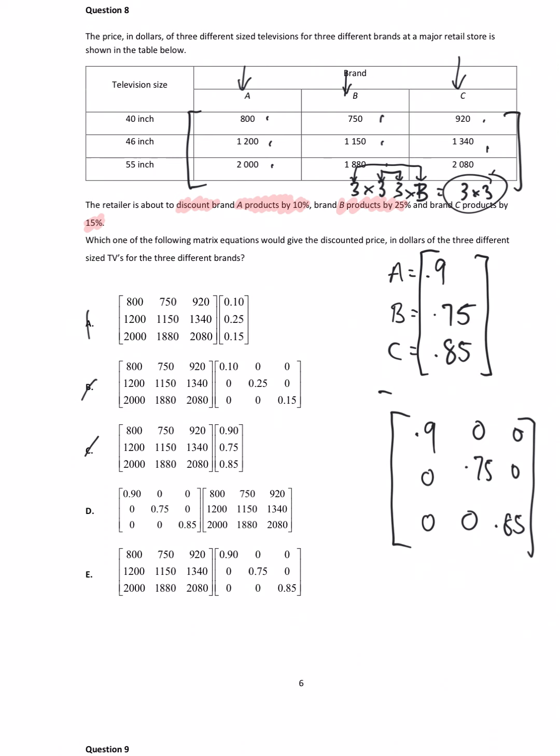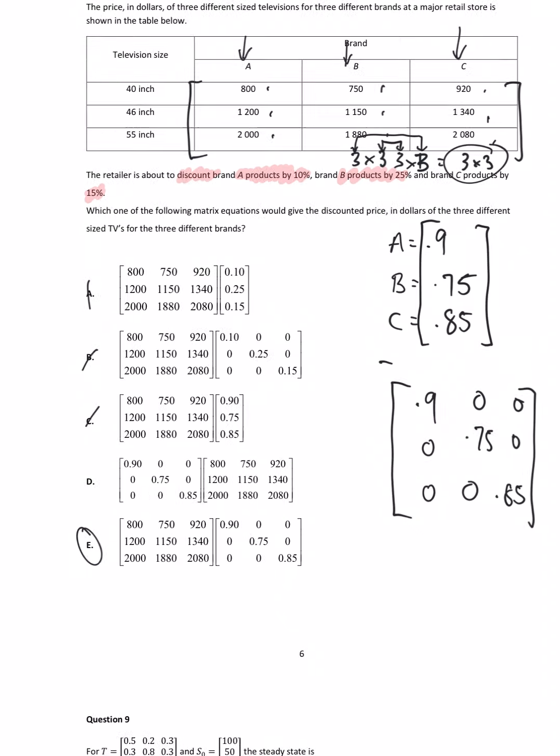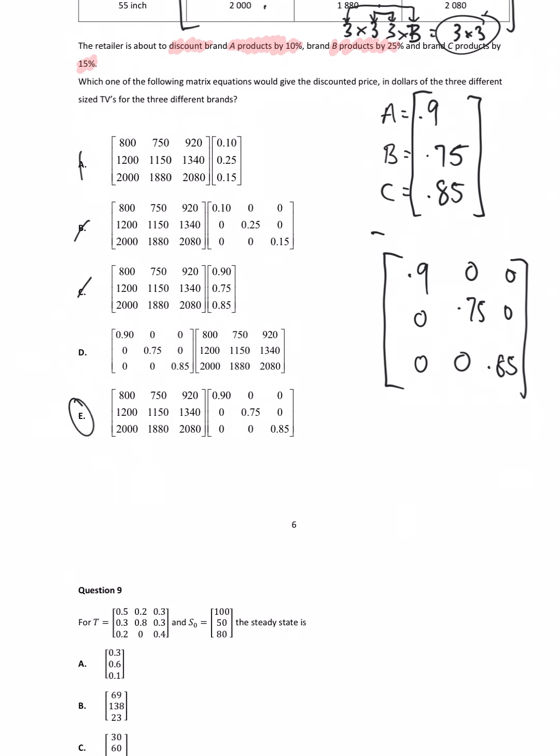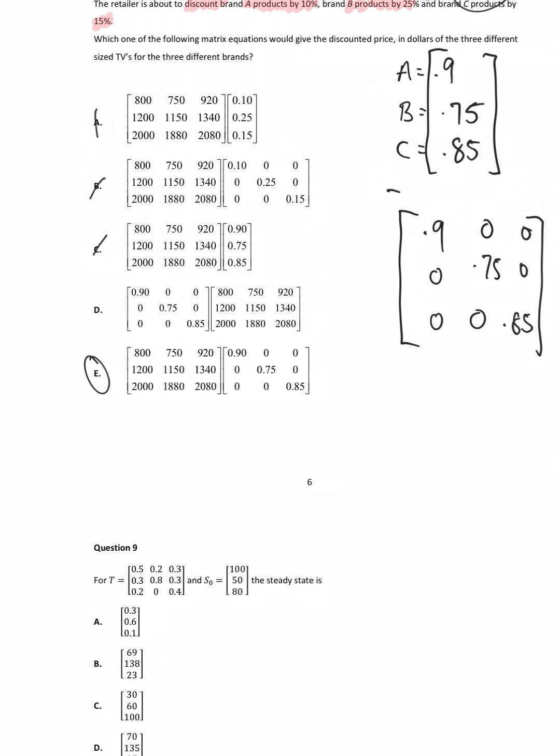So it's either going to be D or E. If you want to just put both of those matrices in your calculator and work out which one will do the right discounts, that's fine. But it should be E. That'll apply the discounts.